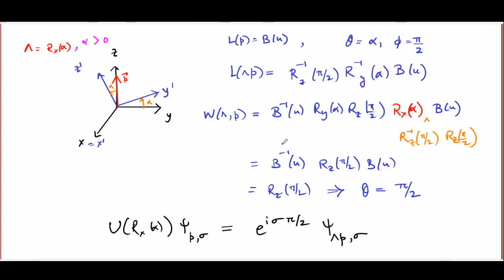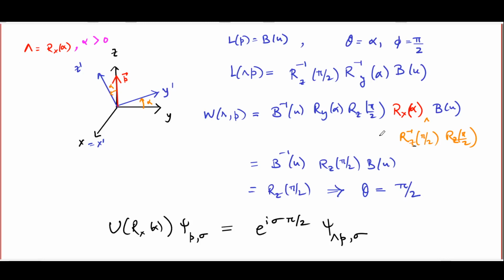Carrying through with our calculation, W lambda p is the inverse of this, which becomes B inverse U Ry alpha Rz pi by 2, followed by the Lorentz transformation itself, namely Rx alpha, followed by Bu. We can insert, as before, this identity in the form of Rz inverse pi by 2 times Rz pi by 2 in between here, and that gives rise to B inverse U Rz pi by 2 Bu.